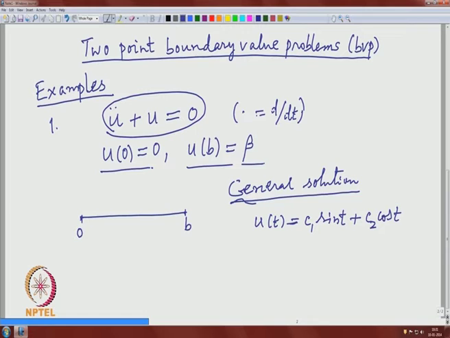This is the general solution, and if we want this to satisfy these two boundary conditions, let us start with t equal to 0. So, u(0) equal to 0 implies, you just substitute the value t equal to 0 in this general solution and require that u(0) equal to 0, then you see that C2 is 0.